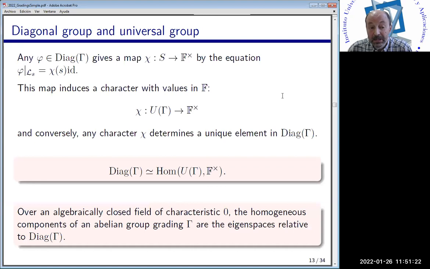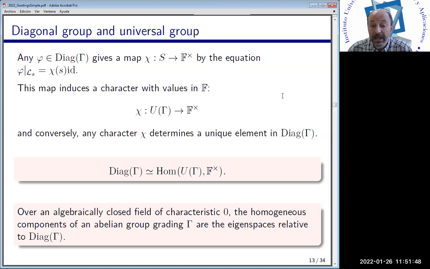And then what happens is that the characters of an abelian group separate elements of the group. So over an algebraically closed field of characteristic 0, the homogeneous components of any grading by an abelian group Gamma are nothing else but the eigenspaces relative to the diagonal group of Gamma.